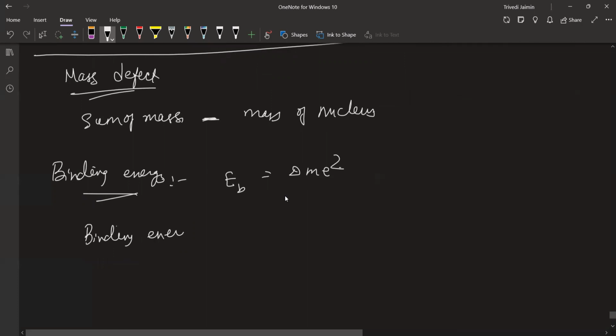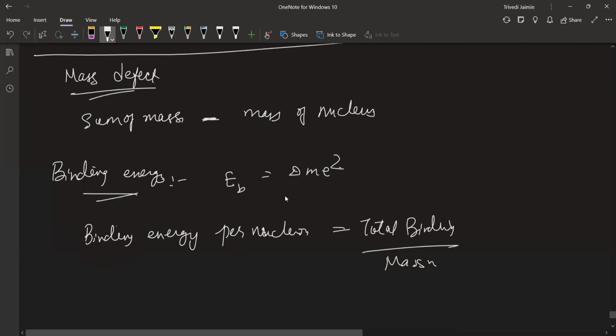Binding energy per nucleon equals total binding energy divided by mass number, in MeV per nucleon.